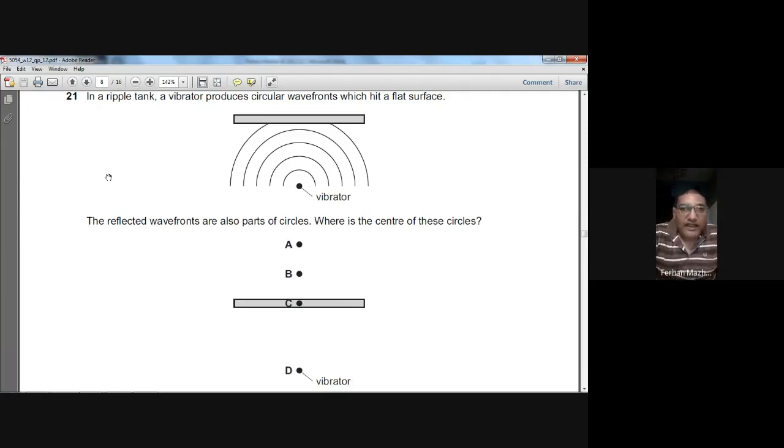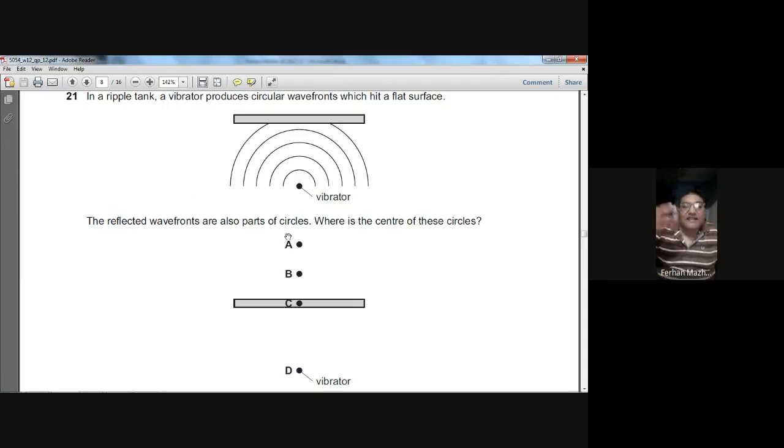You know, here the reflection will take place. And you remember the reflection in the mirror? If the center of the incident wavefronts was D, then the center of the reflected wavefronts will appear to be at A.